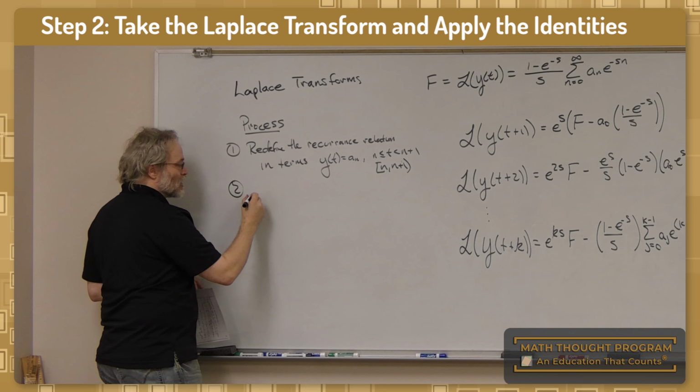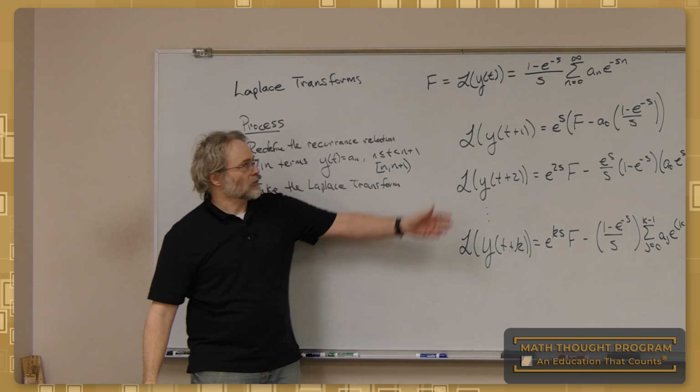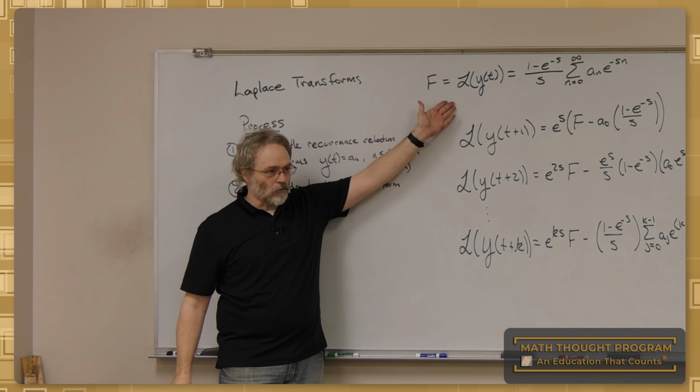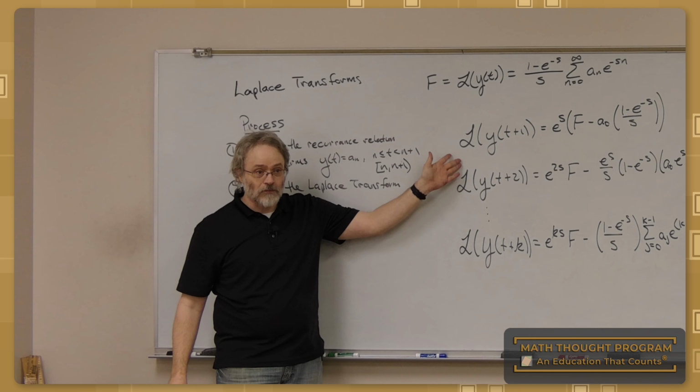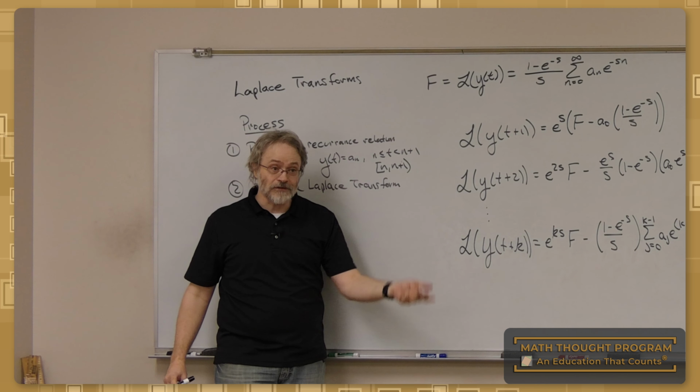Next, you're going to take the Laplace transform, and you're going to apply these identities. What's going to happen here? Y sub t plus 1, y sub t plus 2. And if it's a third order recursion, we're going to add one more piece to the mix, y sub t plus 3.